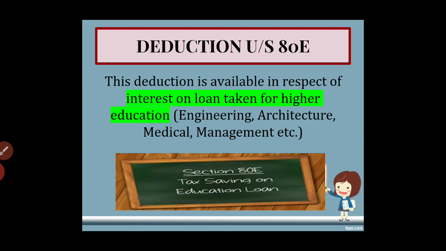The 4 deductions that we have studied, and from last lecture one more, that is total 5 deductions that we have learnt, right? 80C, 80D, 80DD, 80DDB and 80E.